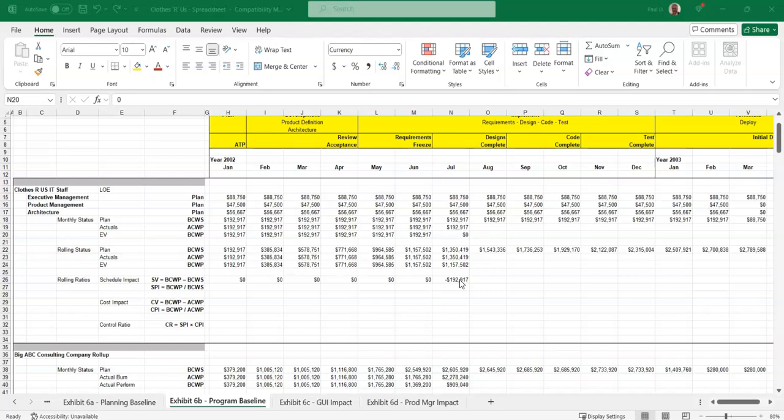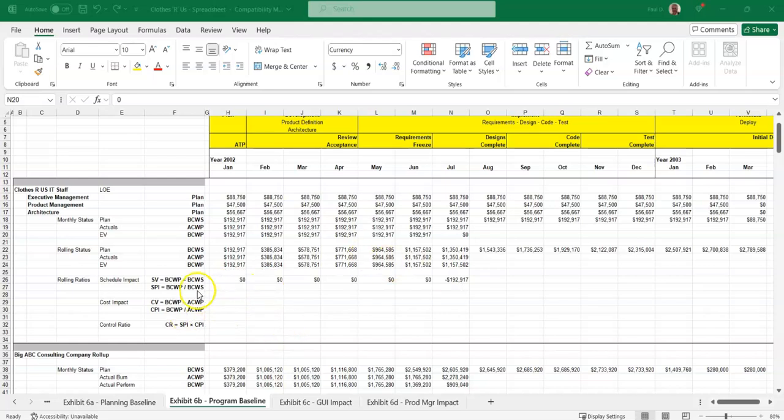We will delve deeper into why that might be the case, since typically with LOE there is a plan all the way across the entire project until February, where product management and architecture tasks are done, but executive management continues, of course. There's going to still be oversight of the overall project and executive management. But that's not part of this milestone, so let's ignore that negative variance right there.